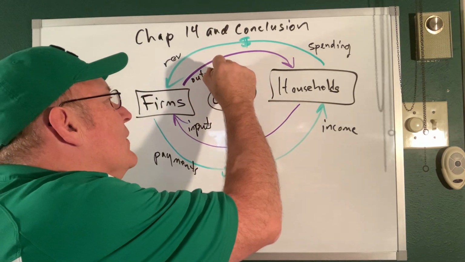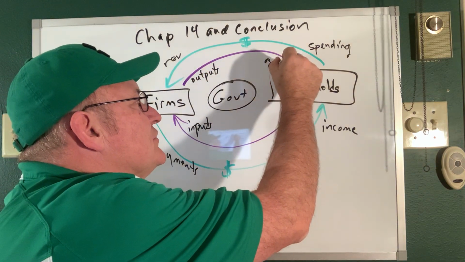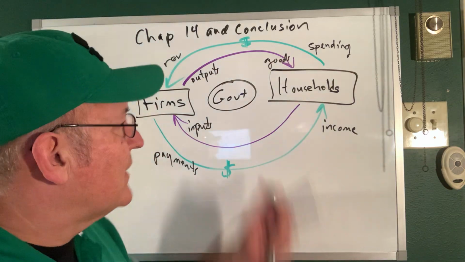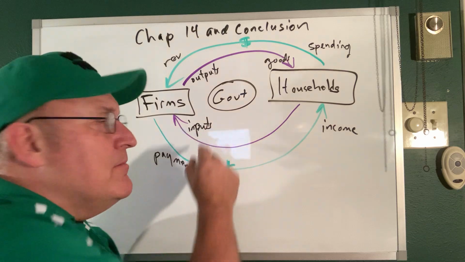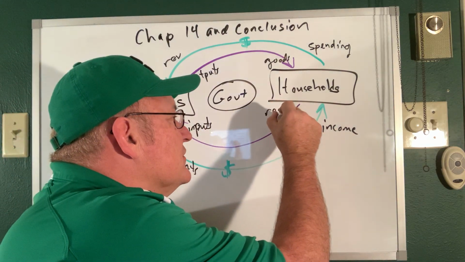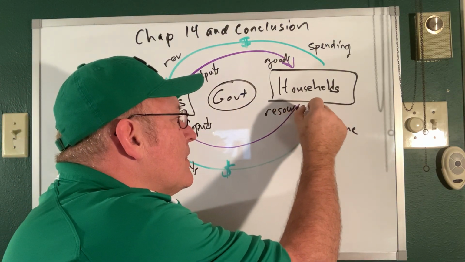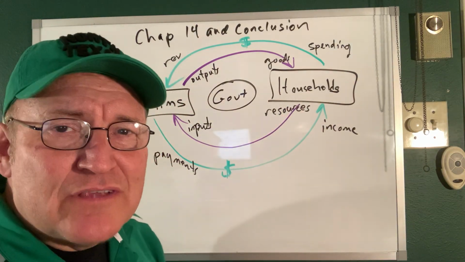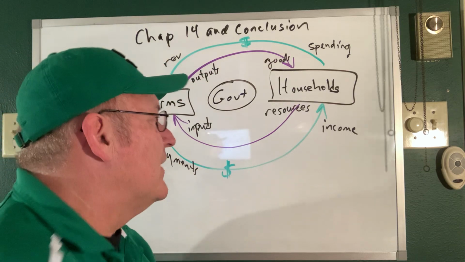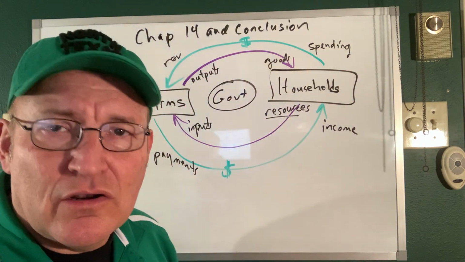And those outputs become the goods and services that households consume, right? And these inputs are the resources, right, provided by households. And the number one resource that we talked about that households provide is labor.